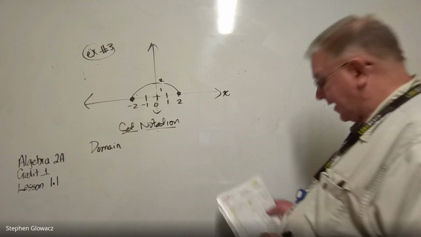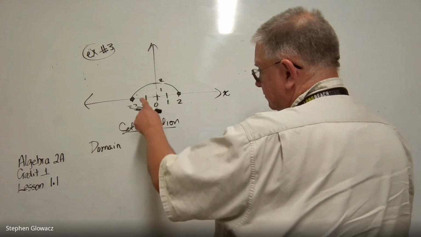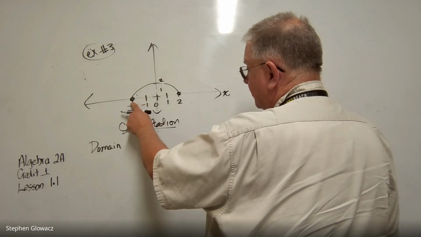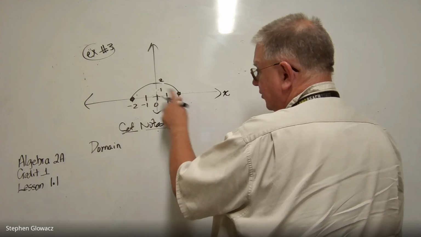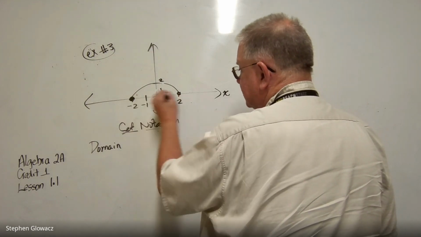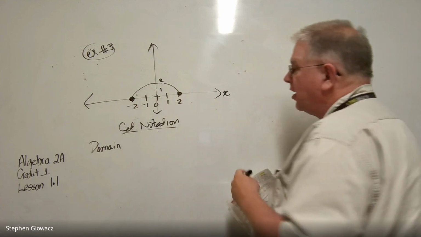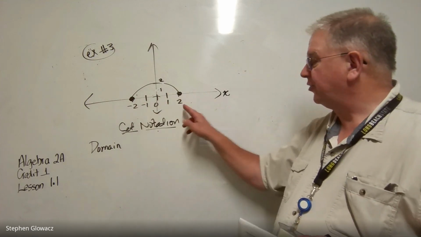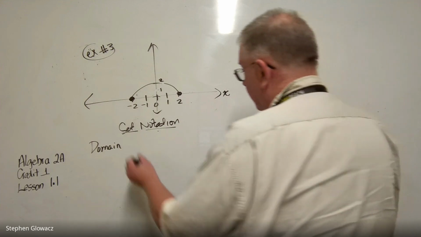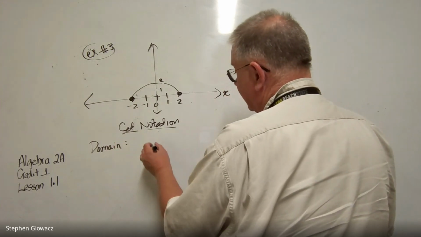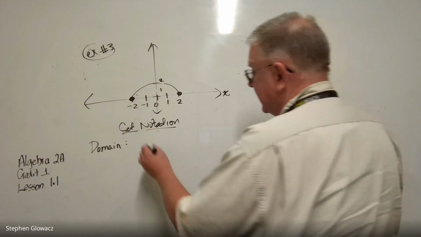Well, we can see that the graph starts at -2 and goes to +2. And by the dot being shaded in, or a solid dot there, we know that would include -2 and +2. So the domain, we'll start by writing it as an inequality and then just add the set notation.